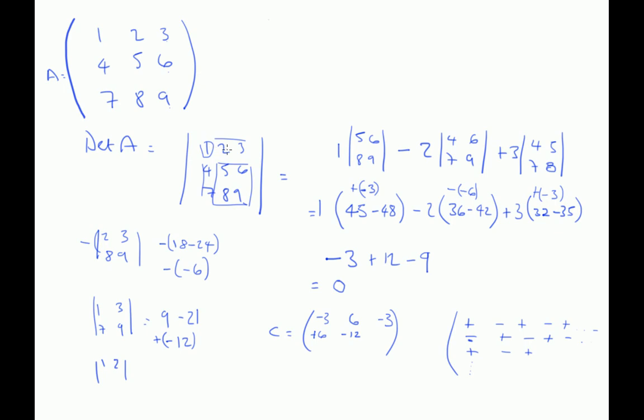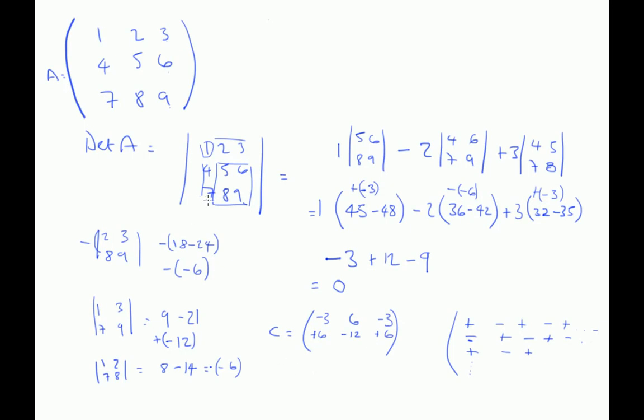So 1, 2, 7, 8, which gives us 1 times 8 is 8, minus 14, which gives us minus 6. And that is in this location here, which is minus, so it's minus minus 6, which is plus 6.